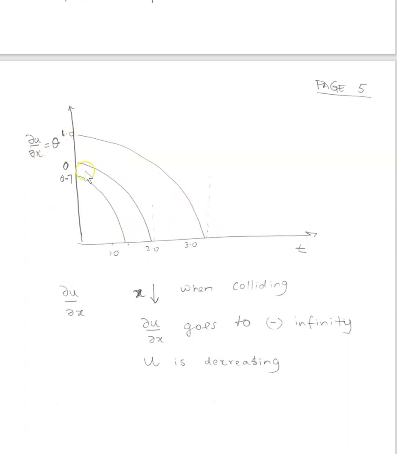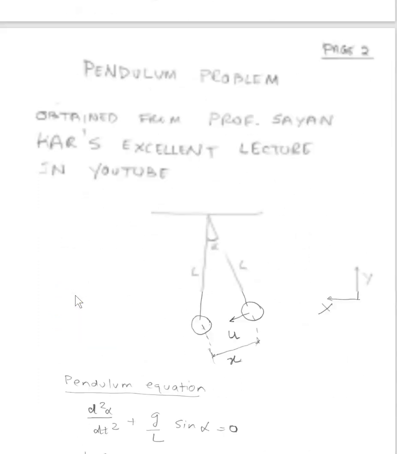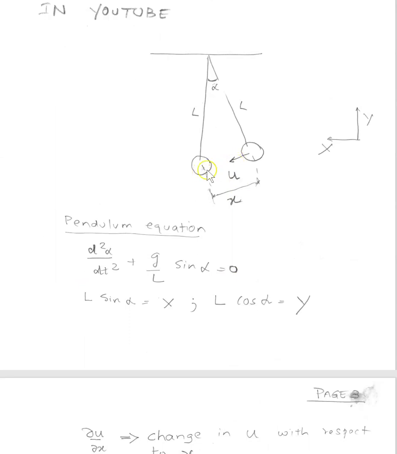So what we are going to find is that this theta is going to go to minus infinity, and think about it. What is theta now? Partial u of partial x, right? Now when they are going to crash, these pendulums are going to crash. When they're going to crash, x goes to 0, and u, the relative velocity between these two pendulums, will be decreasing.